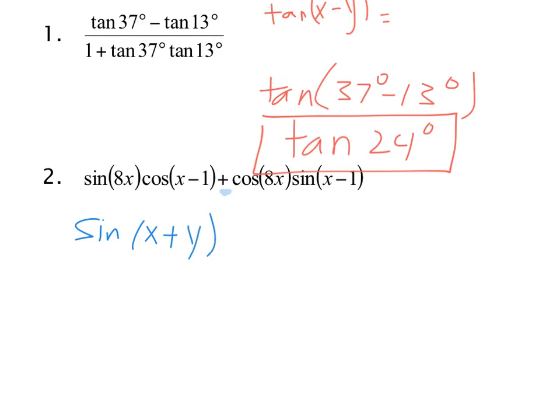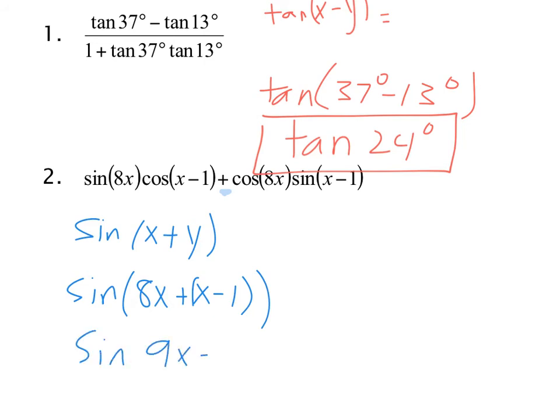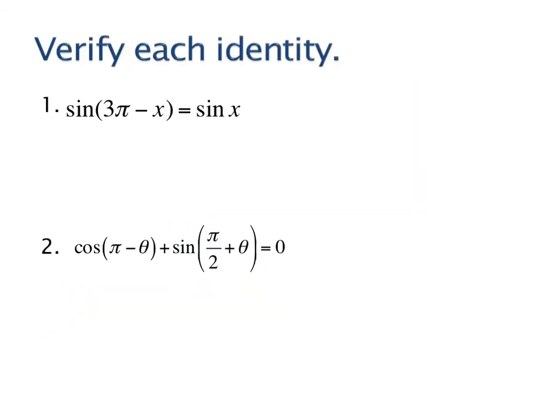Okay, so this is going to be sine of 8x plus x minus 1. And we can combine like terms, so it's really just going to be sine of 9x minus 1. Okay, and that's it. That'll help us with what we're going to do next, because we can manipulate these to make them look like what we want them to look like, which comes into play when we want to verify each identity.